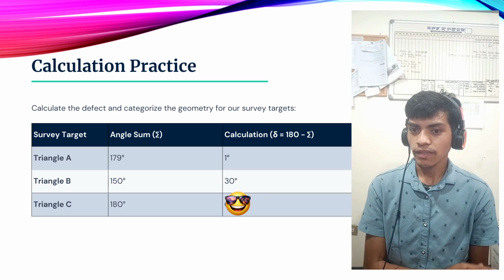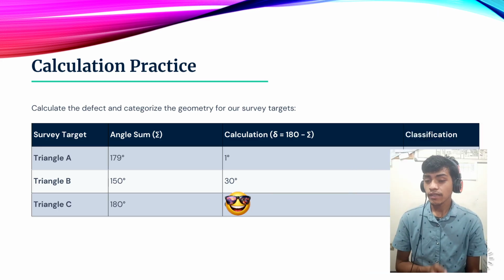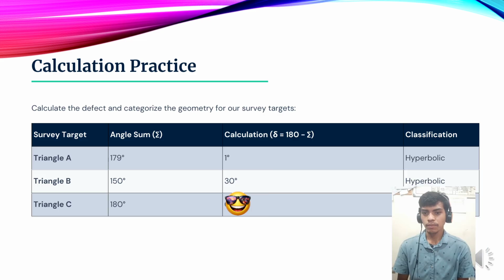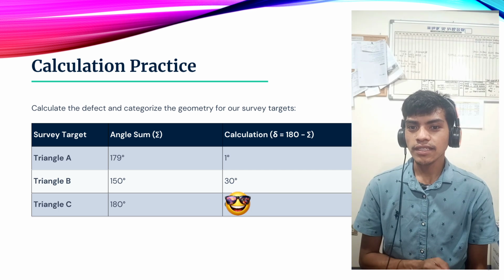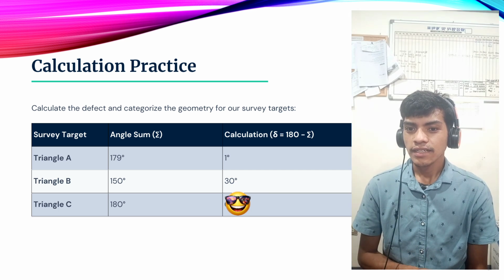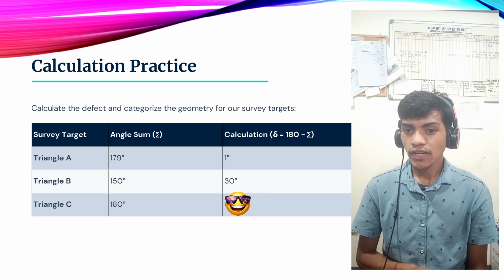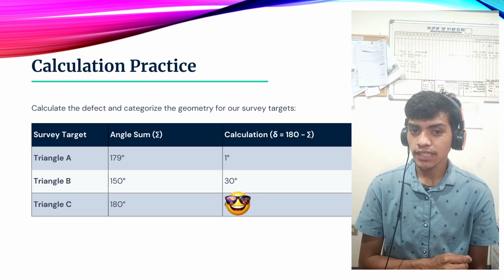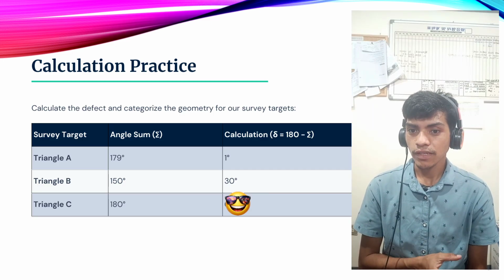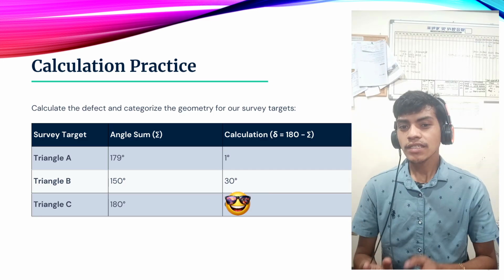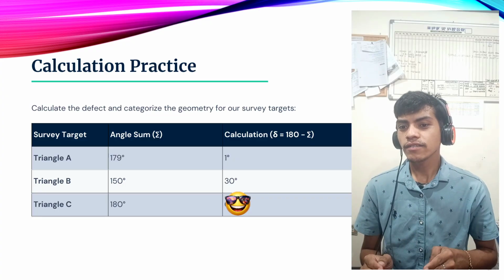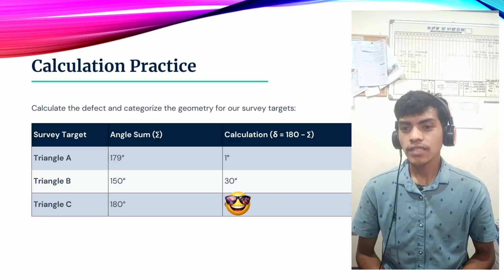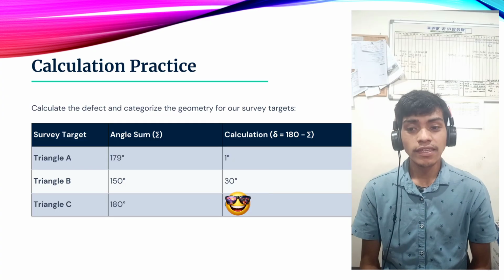Is this hyperbolic, Euclidean, or elliptic? Hyperbolic, because this is less than 180 degrees. Then what is the calculation for triangle C, whose angle sum is 180 degrees?